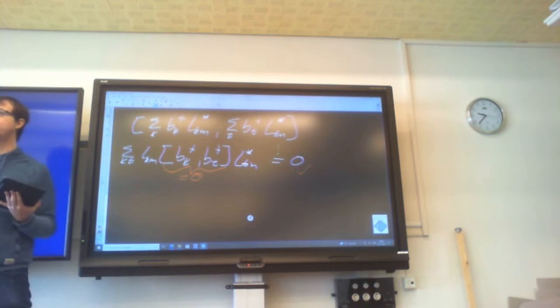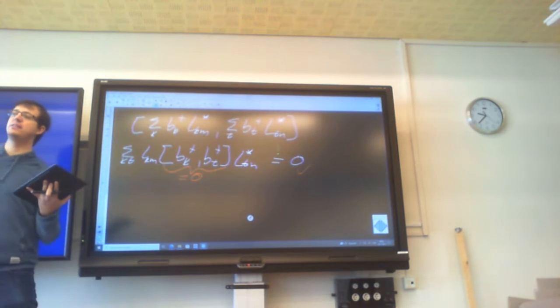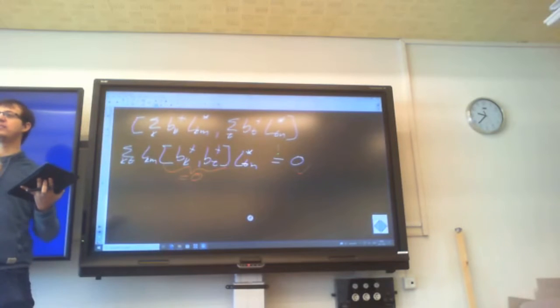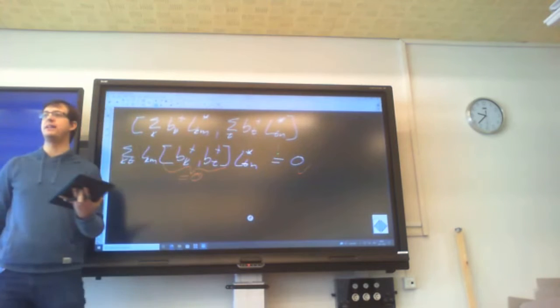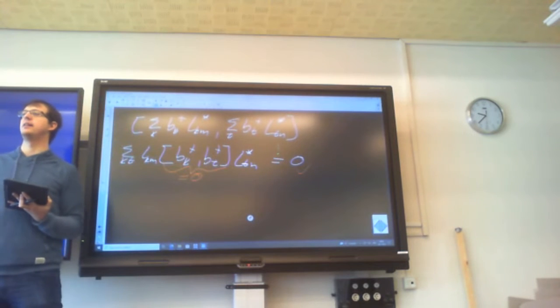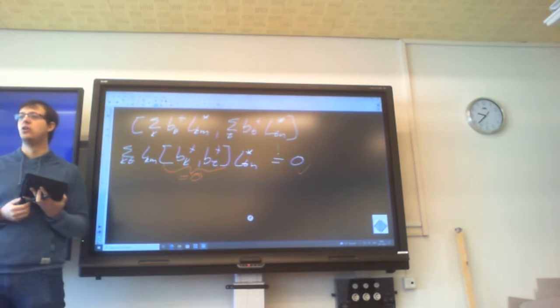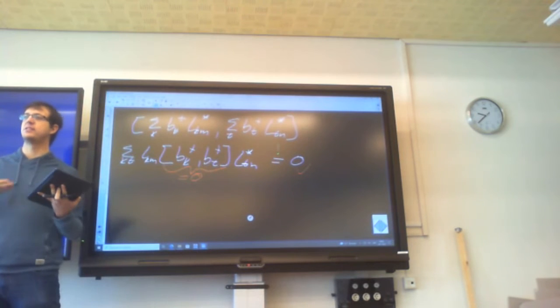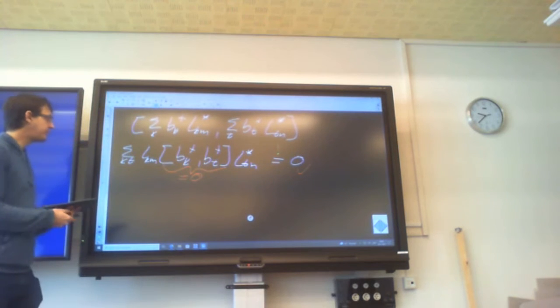You can further make it stronger or weaker, but in order to make this an operator, you have to say that this does not commute with any of the B and B dagger K operators and the other one. And then you can also do this kind of proof. Okay. You're welcome.